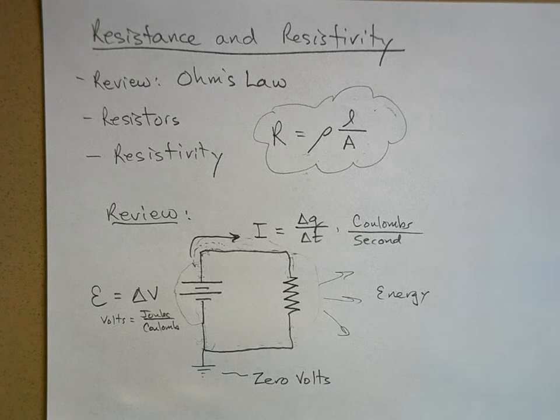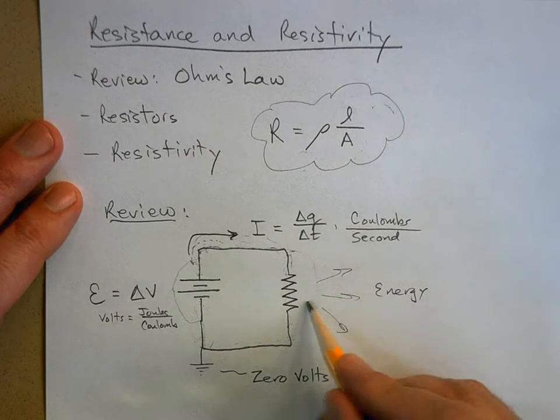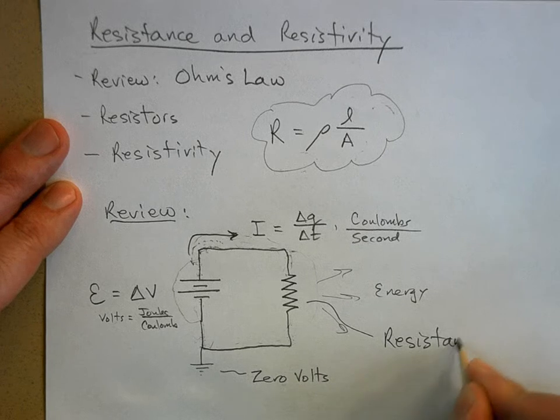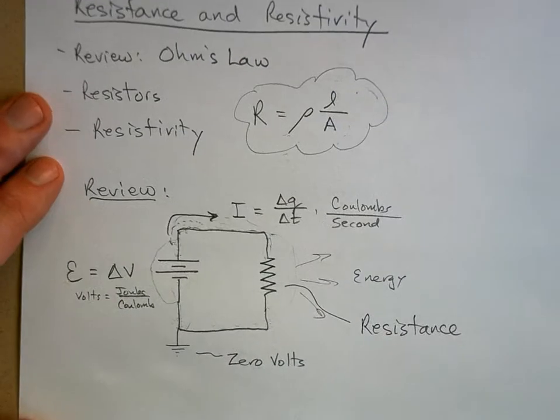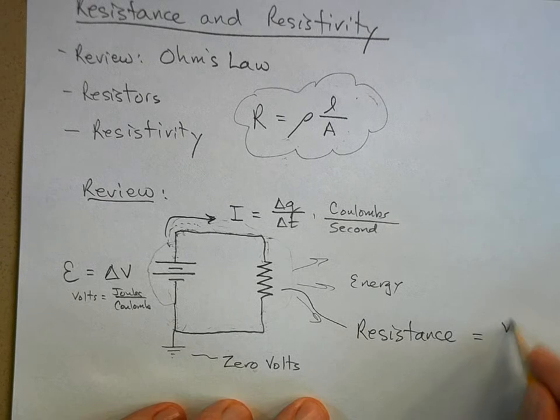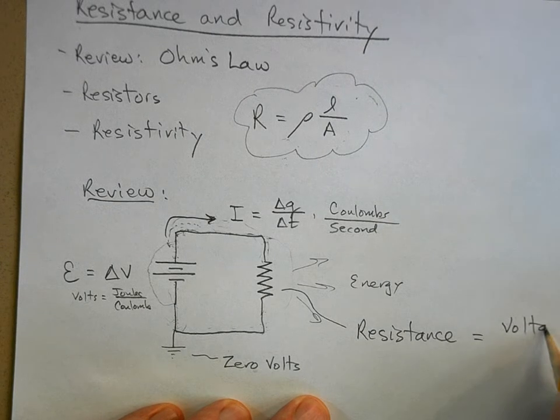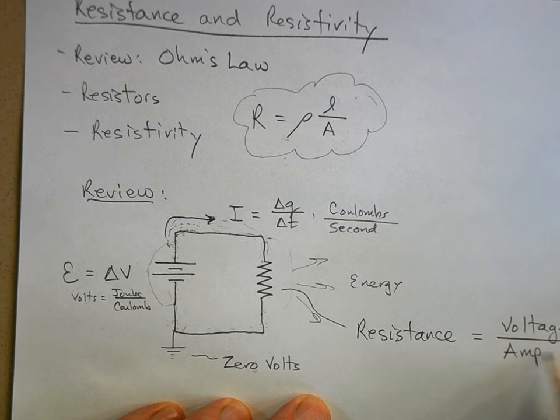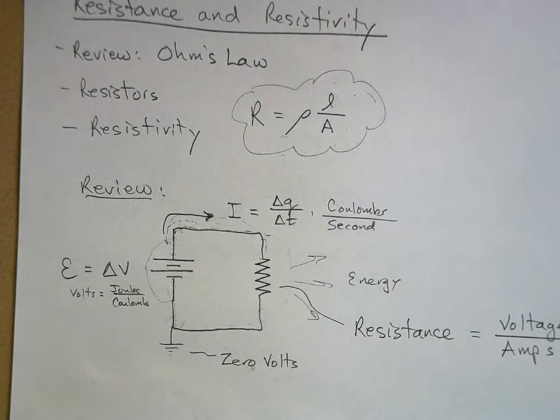And then we say this has a certain resistance. We defined resistance to be the voltage needed divided by amps, how much current.